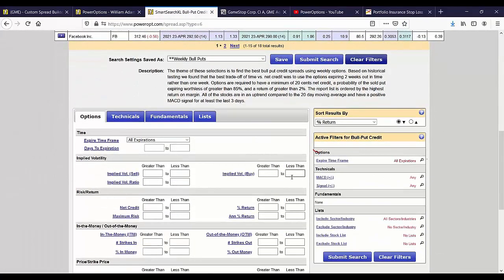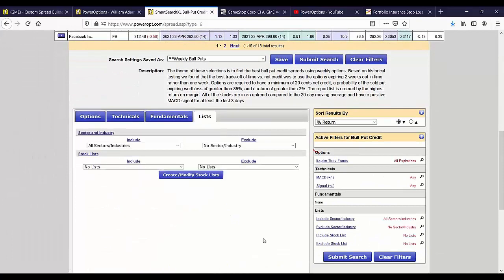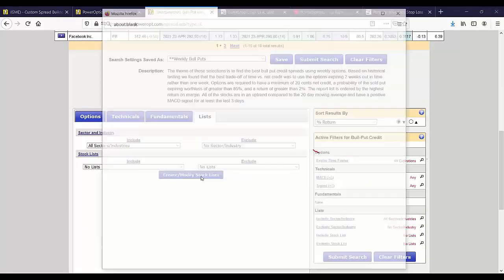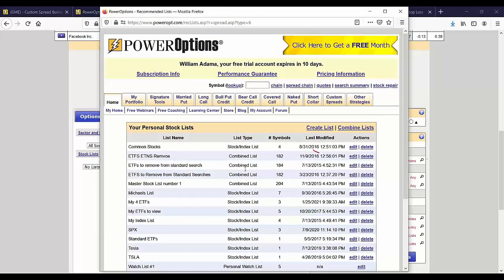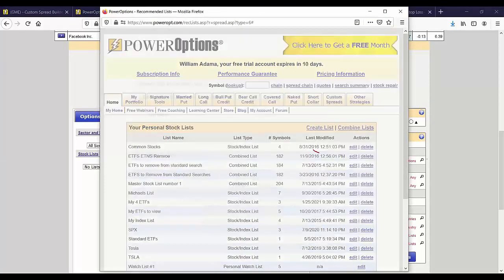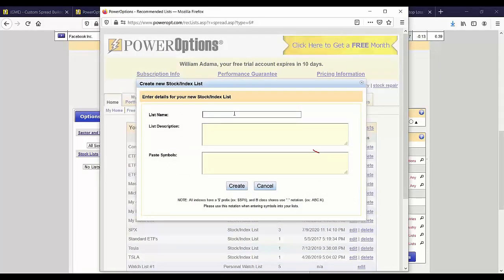Okay, so I'm going to clear out all filters and I'm going to go to lists. And then I'm going to click on create/modify lists. And I want to create a new list here, and we're going to call it comparable puts.